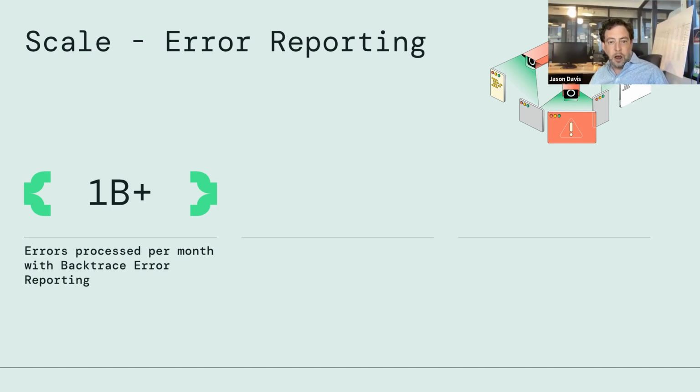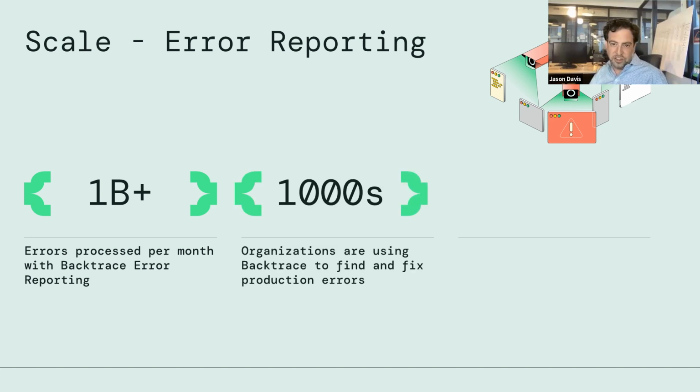And these are errors and crashes that are happening on production or released mobile applications, as well as on websites powered by JavaScript and the frameworks and the like, or native applications that are running on Windows or Mac or even IoT devices. All those types of errors are being processed by Backtrace, supporting thousands of organizations that are using Backtrace to find and fix those errors that are happening either in test or more frequently here in production after it's been released.